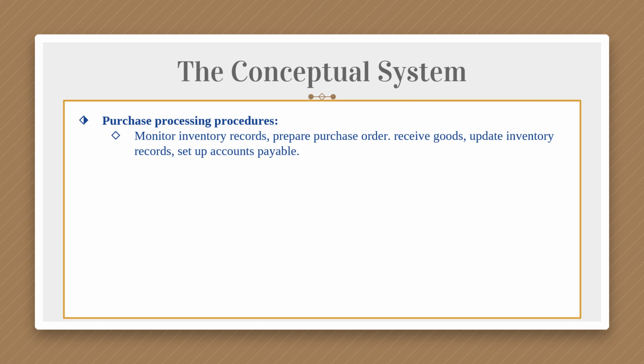Then we prepare the purchase order, receive the goods from the suppliers, update the inventory records when we receive the goods, then set up accounts payable. Notice that when we set up the accounts payable, we are recognizing the liabilities to the vendors by the amount of the purchase order.